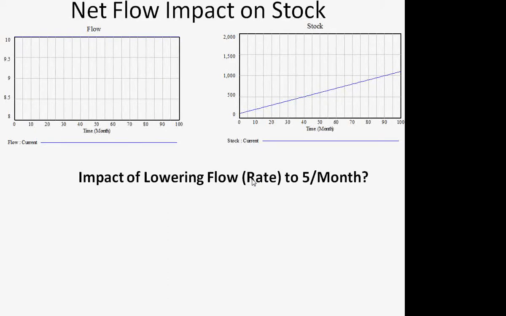Okay, so here's our flow. It's at 10 into our stock, which starts at 0, and the stock rises linearly. What if we lower this to 5 units a month? Let's suppose 5 people getting infected per month. This is the number of people who have herpes, a lifelong disease. So suppose we were to lower this to 5 per month.